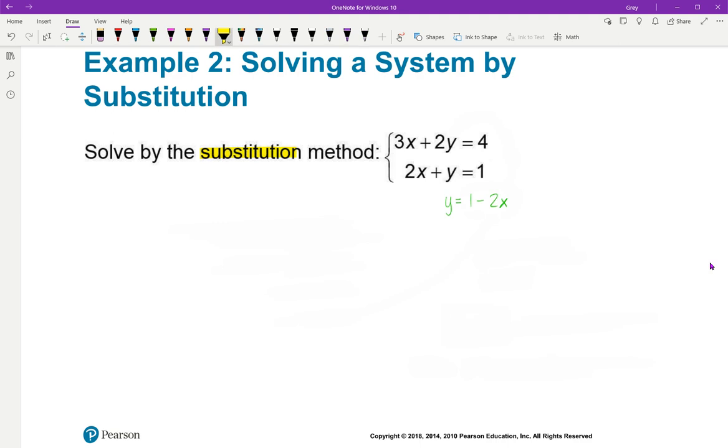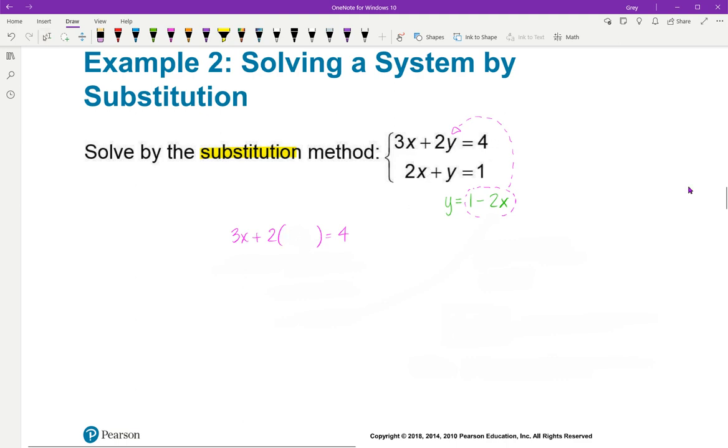And then I'm going to take that and plug it in for y in the other equation. Don't plug it into itself. So I'm going to the other equation, 3x plus 2, and I encourage you to put parentheses around it, y'all. It just makes it easy to follow your work. So I put parentheses instead of the variable because I'm going to substitute.